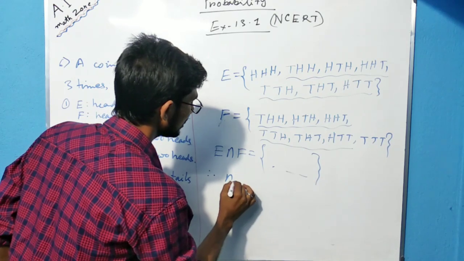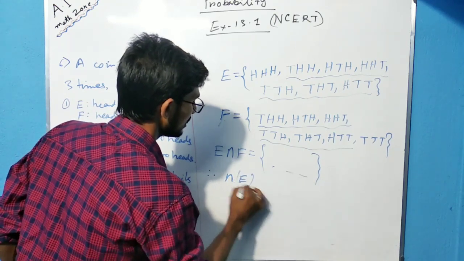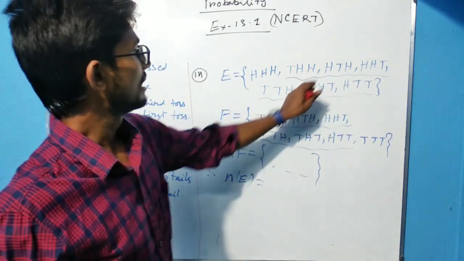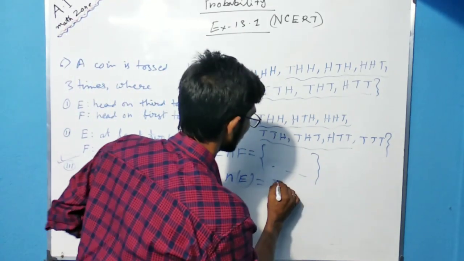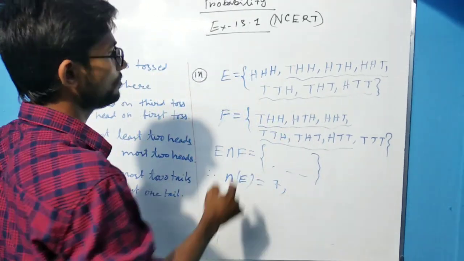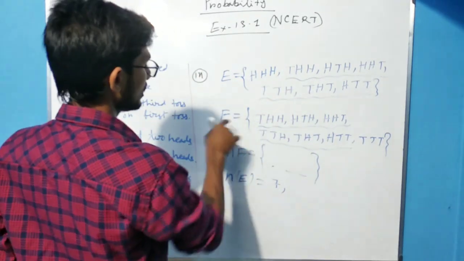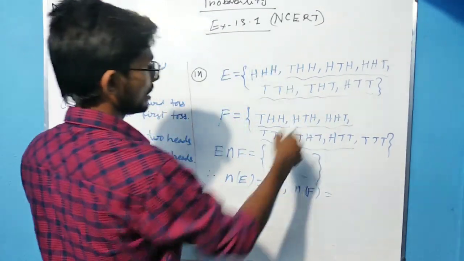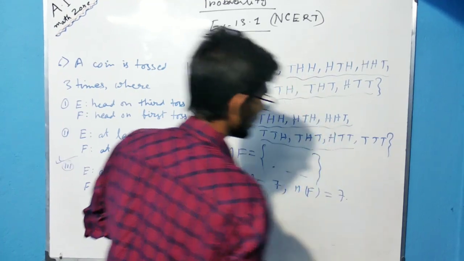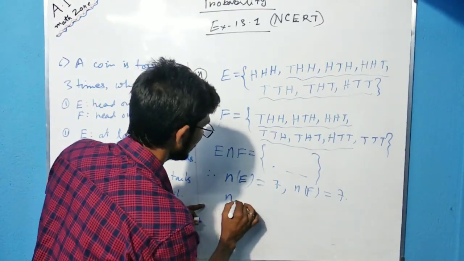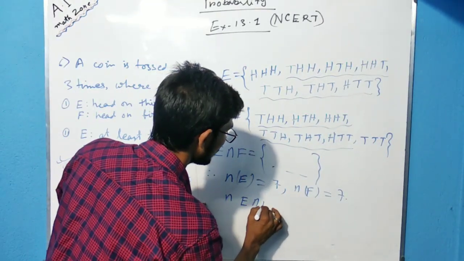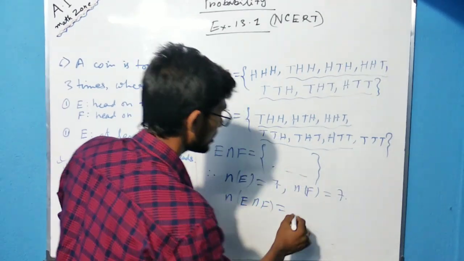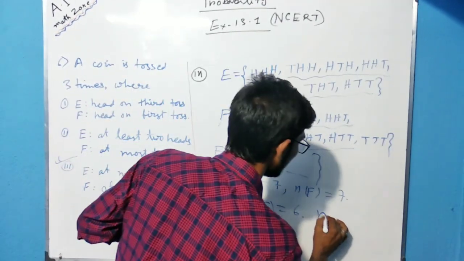Therefore, cardinality of E is how much? 6 elements plus 1, so 7, right? And cardinality of F is also 7 elements, right? And cardinality of E intersection F is 6.